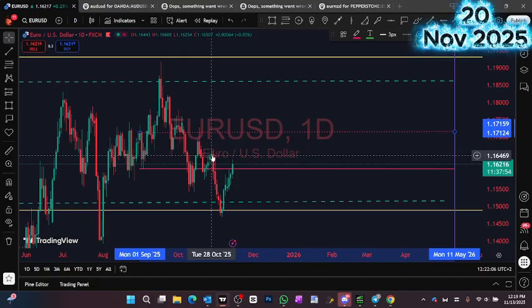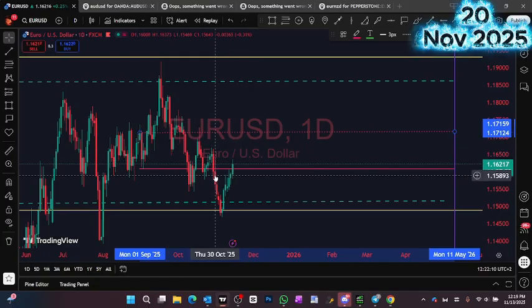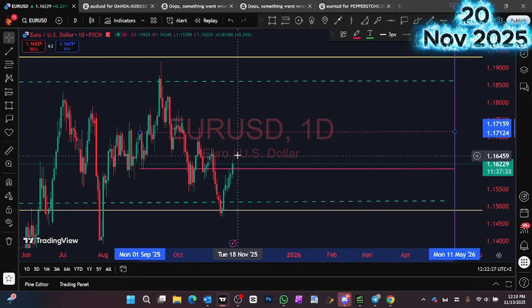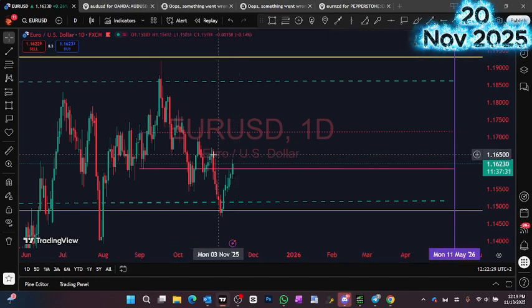This OP, it was maybe taken by this candle here, then went down, and I think a daily candle will maybe reach here.